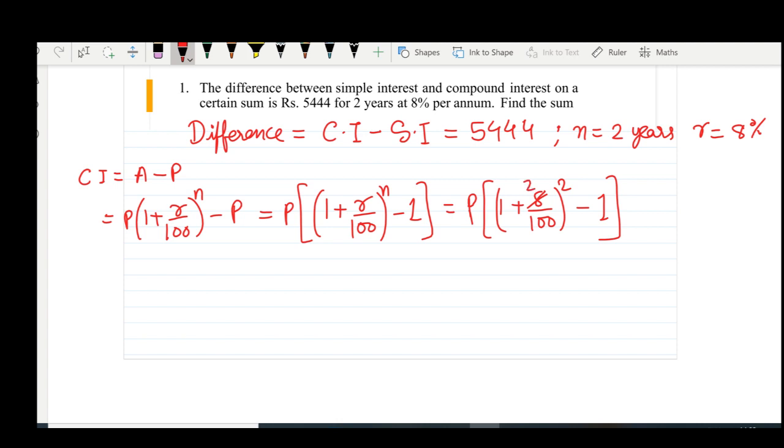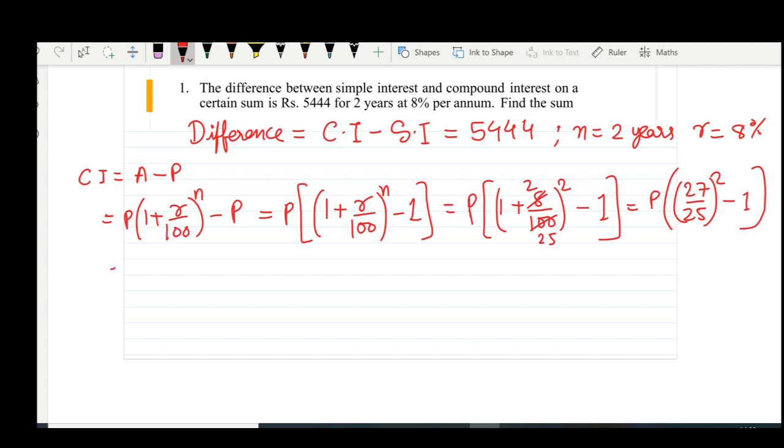So 4 2s are 8, 4 25s are 100. So it becomes P times (27 upon 25) whole square, because 25 plus 2 is 27, minus 1.